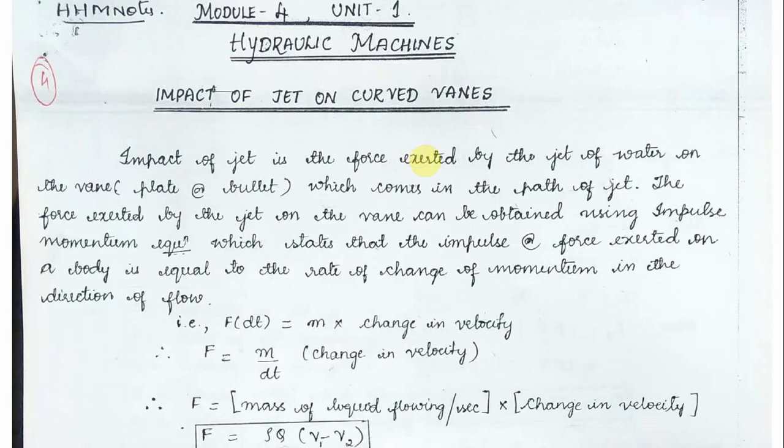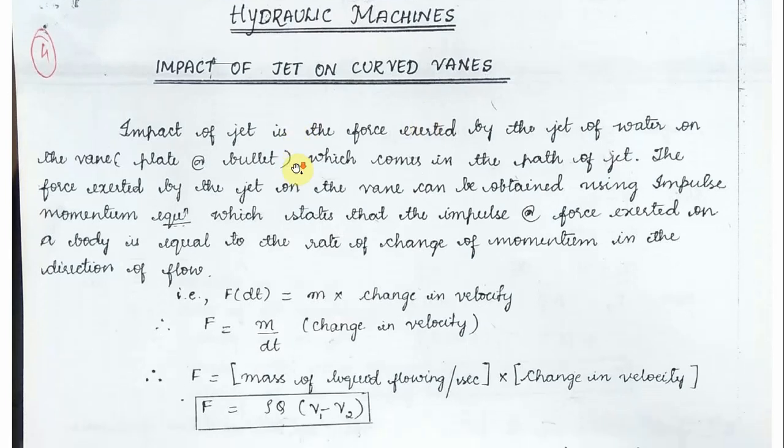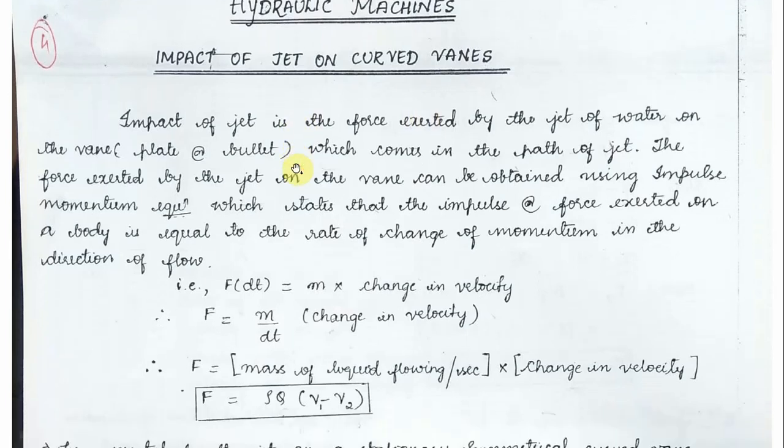So if water is applied to it, or a jet of water is forced on it, then what is the effect? First, the definition or introduction: impact of jet is the force exerted by a jet of water on a vane, that is a plate or bucket, which comes in the path of the jet.